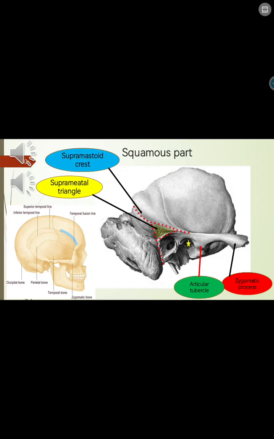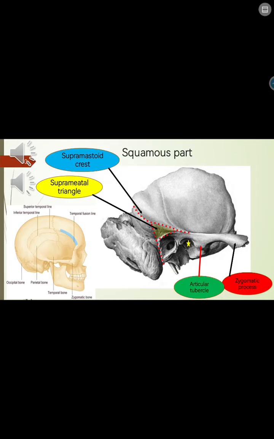Okay, we can see a squamous part of temporal bone here. The squamous part has two surfaces, external surface and internal surface. Here we can see external surface of squamous part of temporal bone.